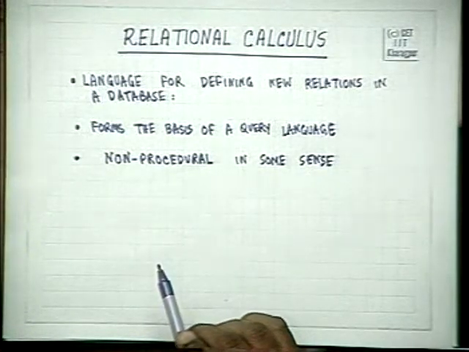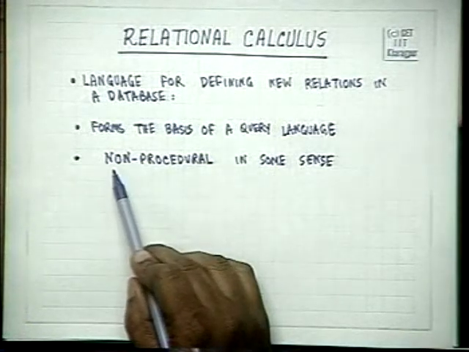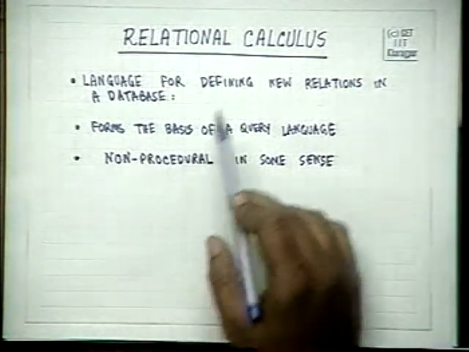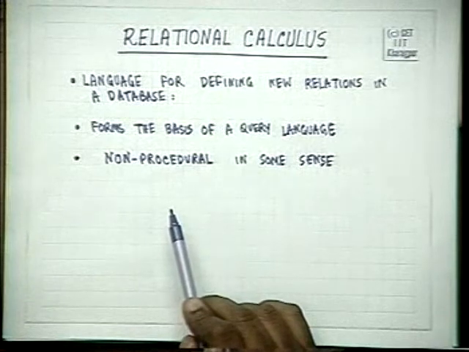This means that in order to express a relation using the relational calculus scheme, you don't have to detail out all the steps or the sequence of steps by which you are to obtain the relation. You are to just define the relation in some logical language.